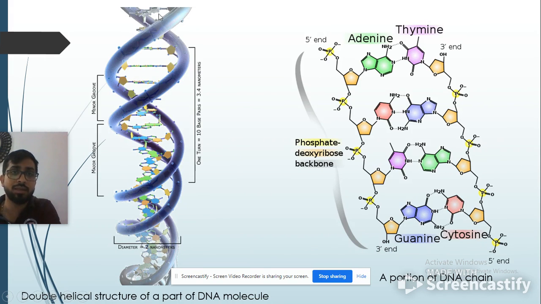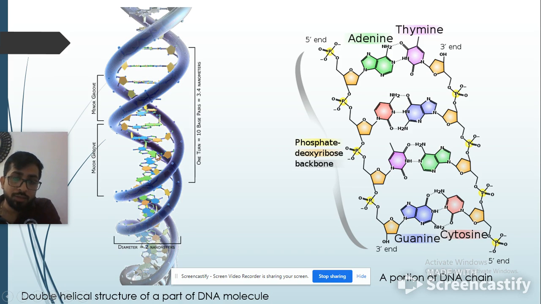So you can see here the double helical structure of DNA. These rod-type shapes are the backbone, which are composed of sugar and phosphate, and these are the bases. They are attached to the backbones and connected with each other through hydrogen bonding. You can see the connections between them.